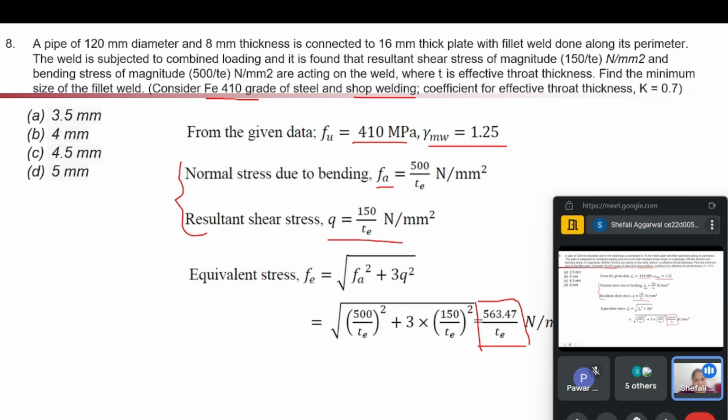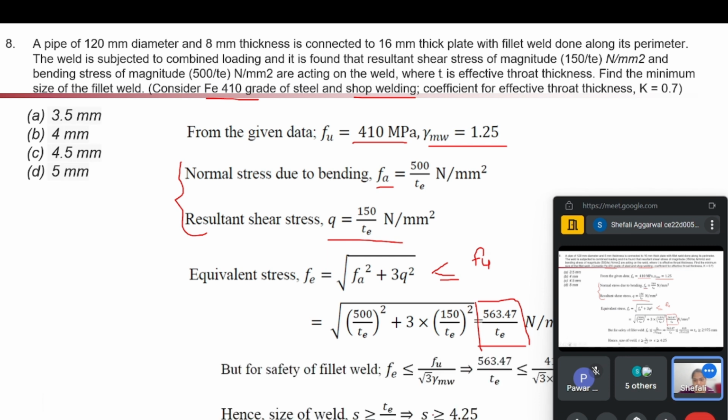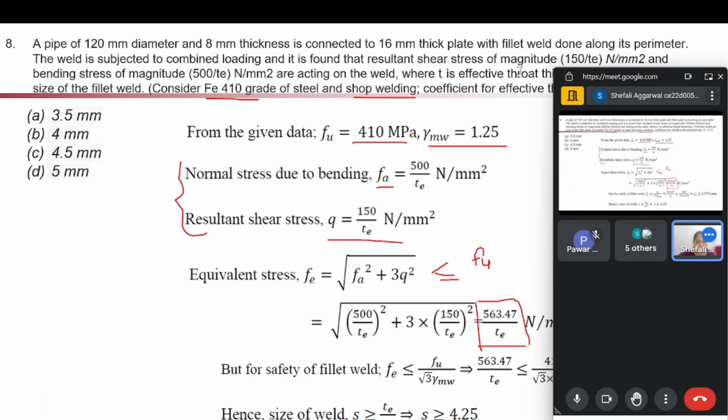So the other thing which was given is this should be less than or equal to Fu upon root 3 gamma mw. So Fu we have already 410, gamma mw 1.25. We will solve this equation and then we can get the T value.